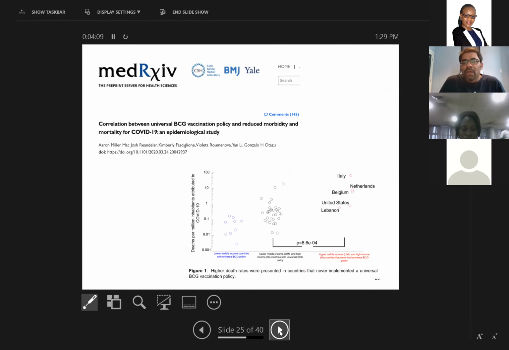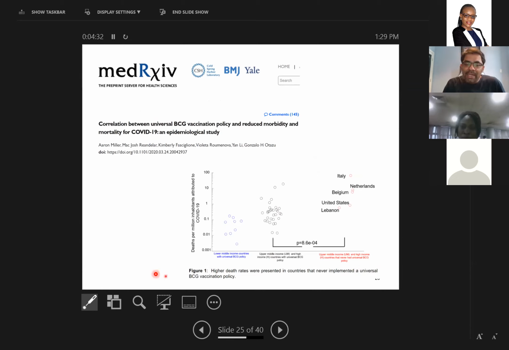Along the same lines, some months ago, there was an ecological study, the first one, showing a correlation between BCG vaccination and COVID-19, right? They took each dot as a country. In fact, they took the BCG policy, whether a country gives BCG at birth to everybody or whether a country does not.